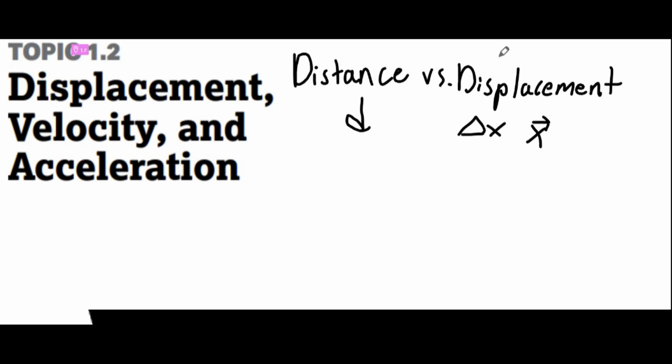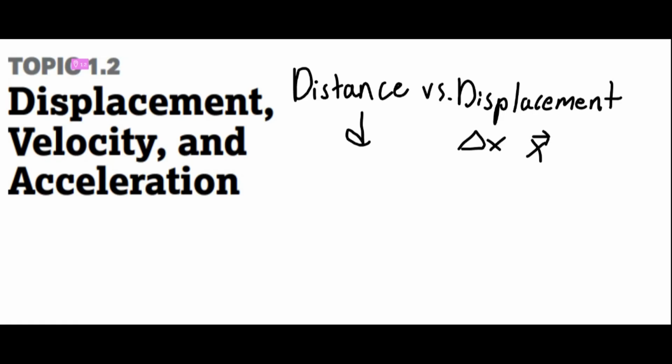So with the bathroom example I gave last video, if you were to ask, how do I get to the nearest bathroom? You're asking for displacement because you need both a magnitude and a direction. You need the actual physical distance and you need where to go. But if you were to ask how far is the nearest bathroom, you're just asking for distance. Now the SI unit for both of these is the meter.